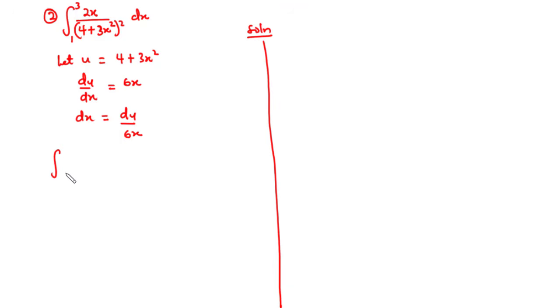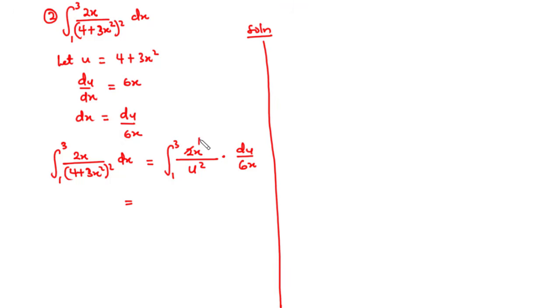So we are going to have the integral of 2x divided by (4 plus 3x squared) all squared dx from 1 to 3, and that will be equal to the integral of 2x divided by, now 4 plus 3x squared is u, so we have u squared, times dx is du divided by 6x, and then we still have the limits 1 to 3.